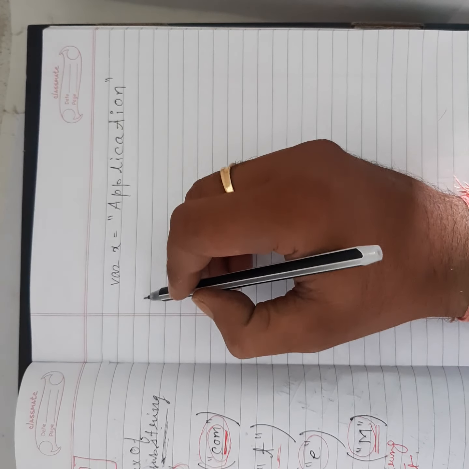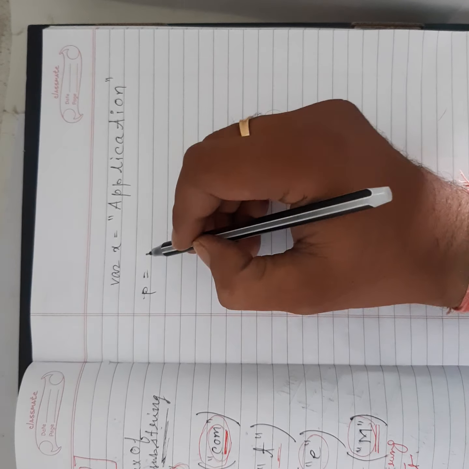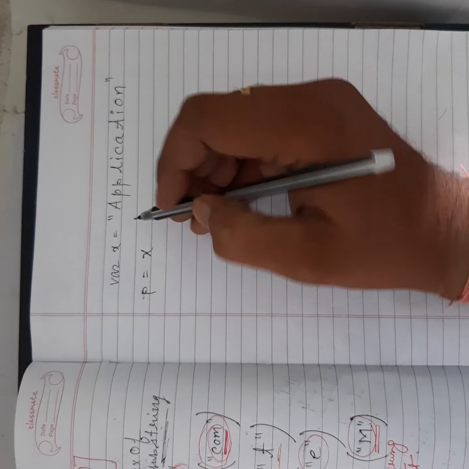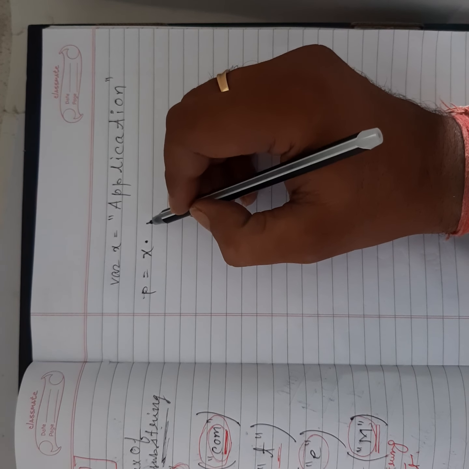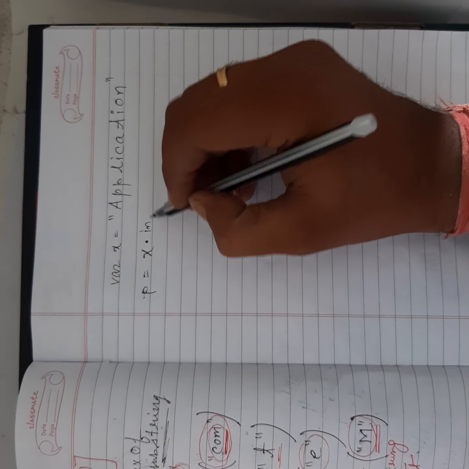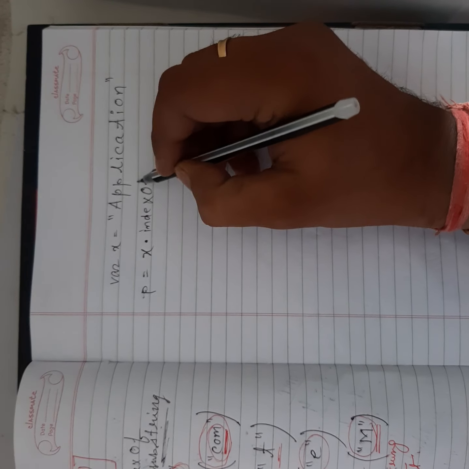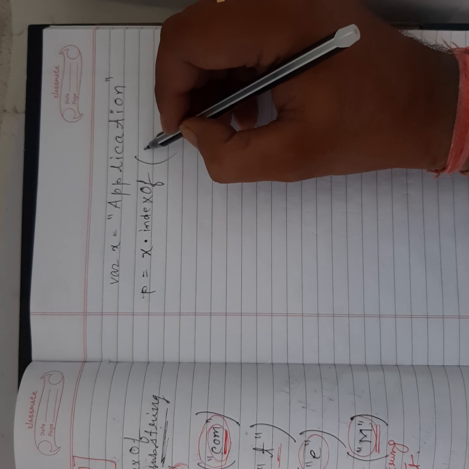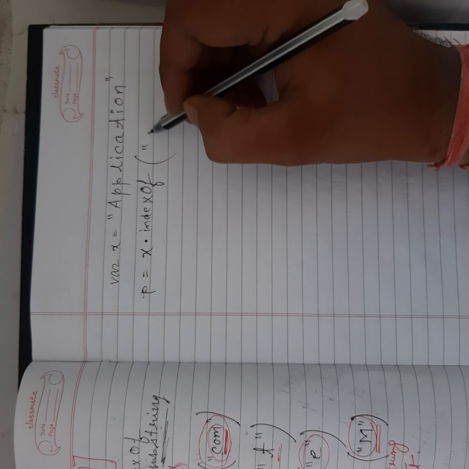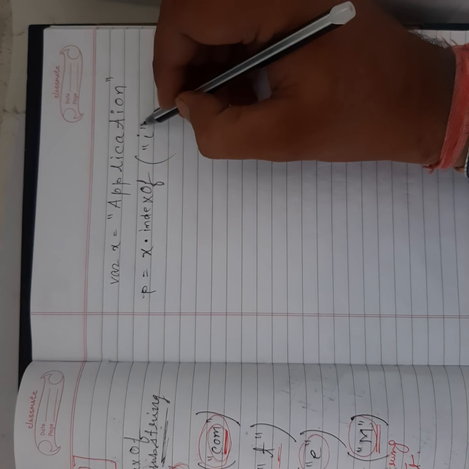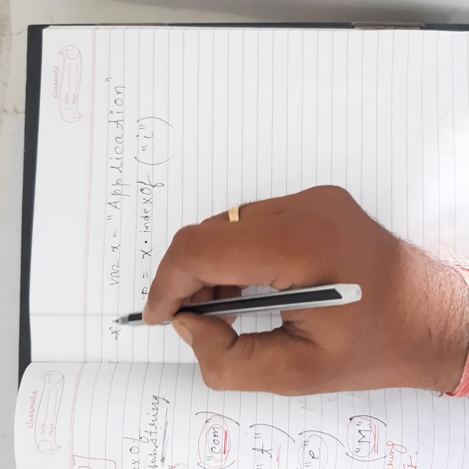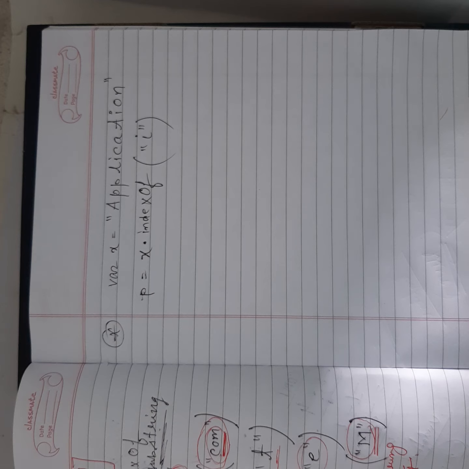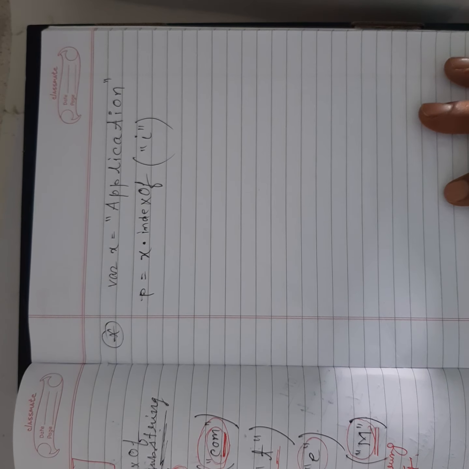Now let's write p equals x dot indexOf, within double quotes, I. Now this is a very important example.